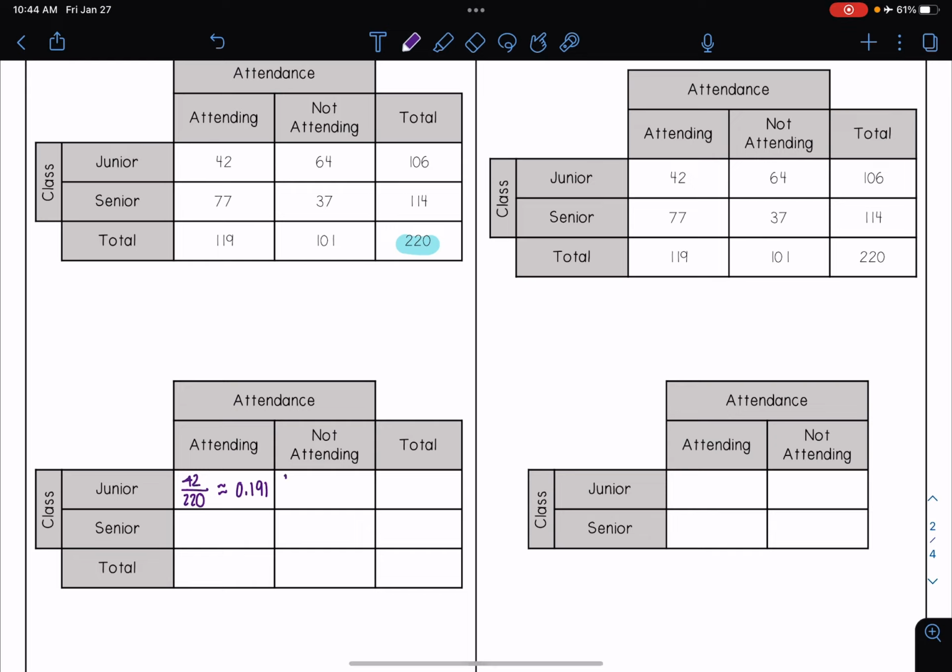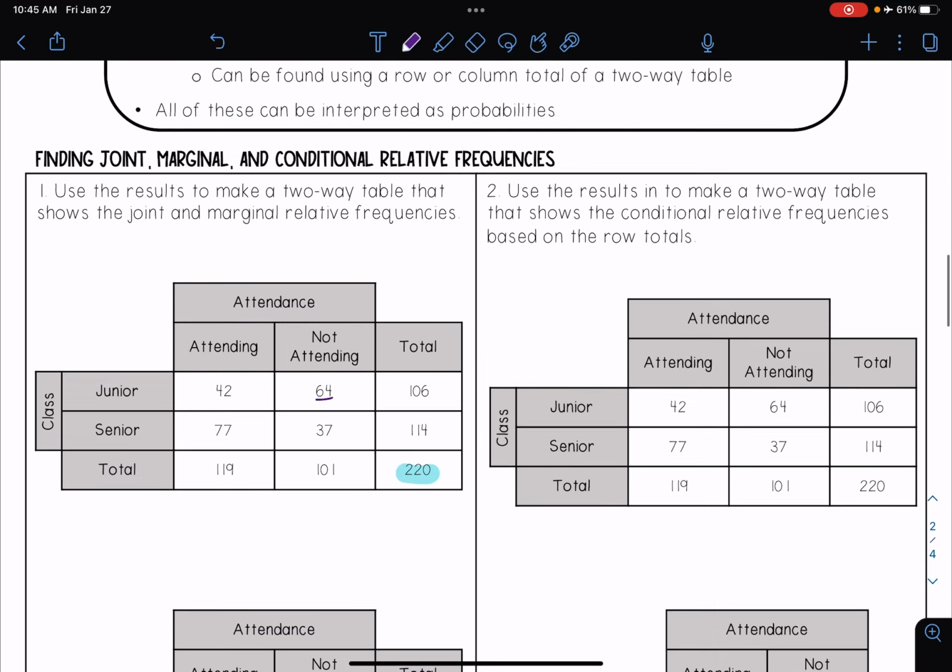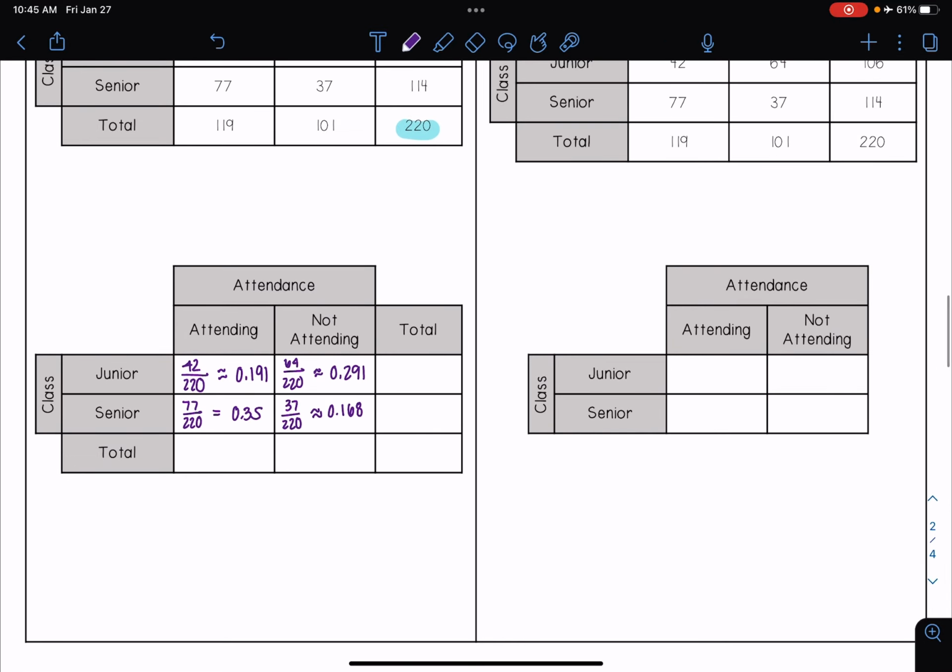And then I have 37 divided by 220, and that is approximately 0.168. So that's how I find the joint relative frequencies. And then I want to find the marginal relative frequencies. And so to find those, I'm just going to take the sum across the rows and the sum across the columns.